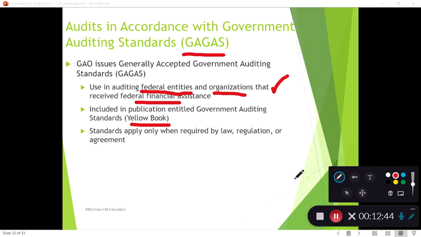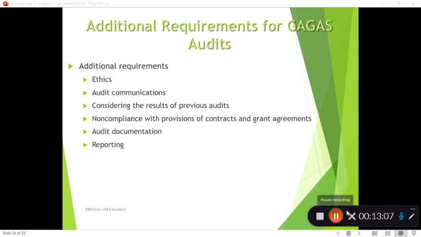They take effect for these firms, assuming the laws and regulations require it. A lot of times, if there is federal assistance, the laws are written to say that audits have to abide by these generally accepted governmental auditing standards.